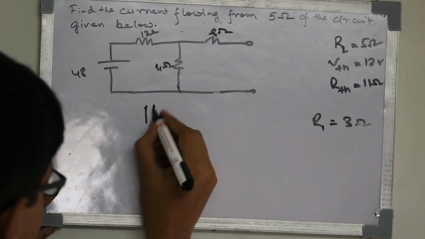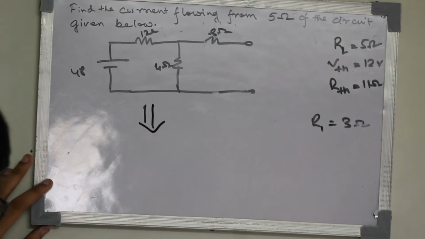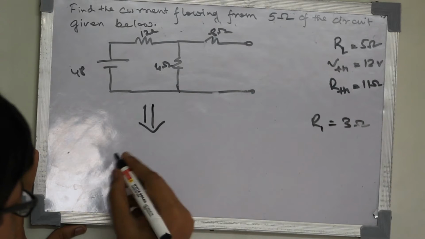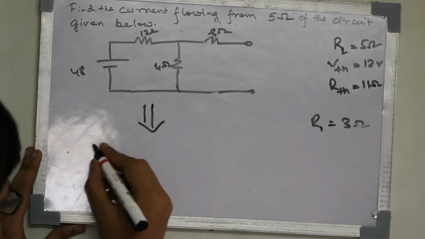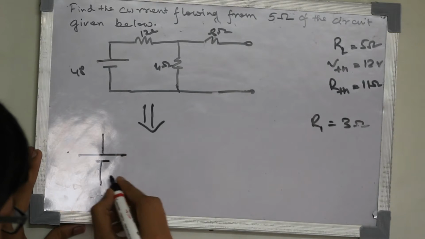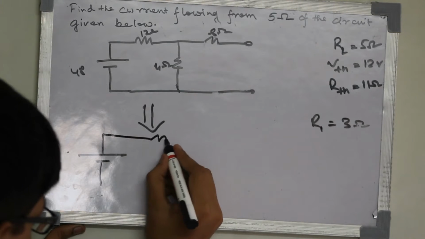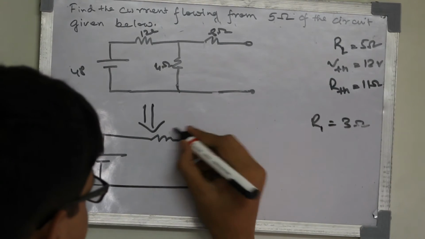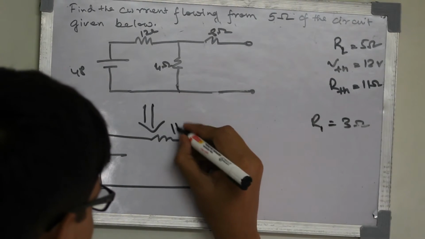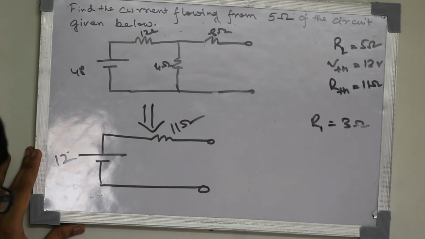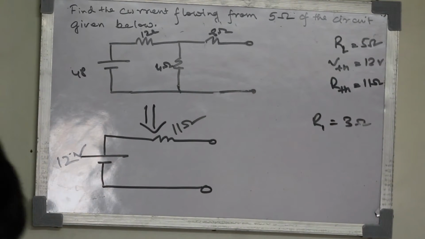And now our equivalent circuit is like this. Our RTH is 11 ohm. So this is 11 and our VTH is 12, so this is 12V.